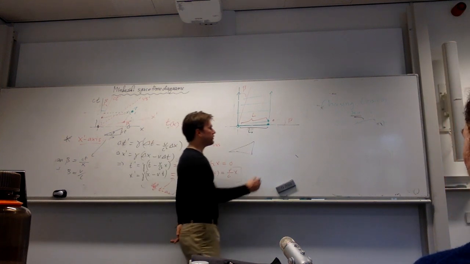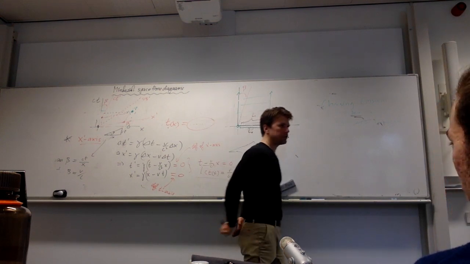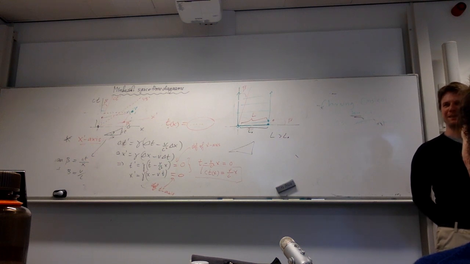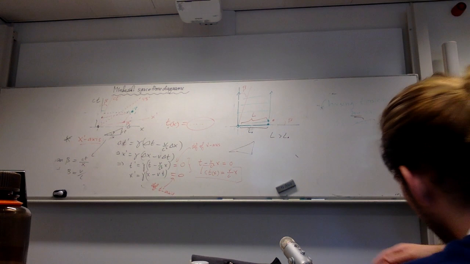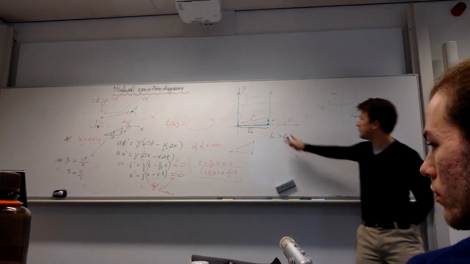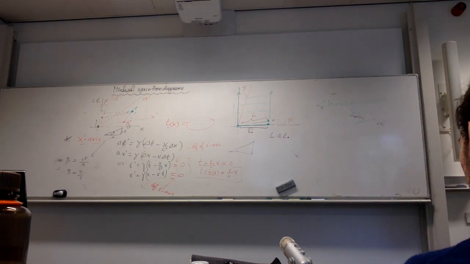So we seem to have found that L is now a bigger number than L0. Length has become bigger, whereas we have concluded in 15 different ways by now that it should have been shorter. So it looks as if something is wrong.